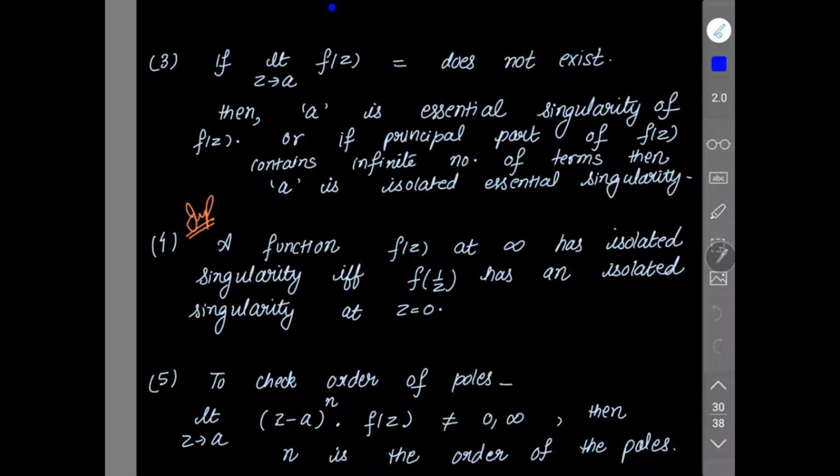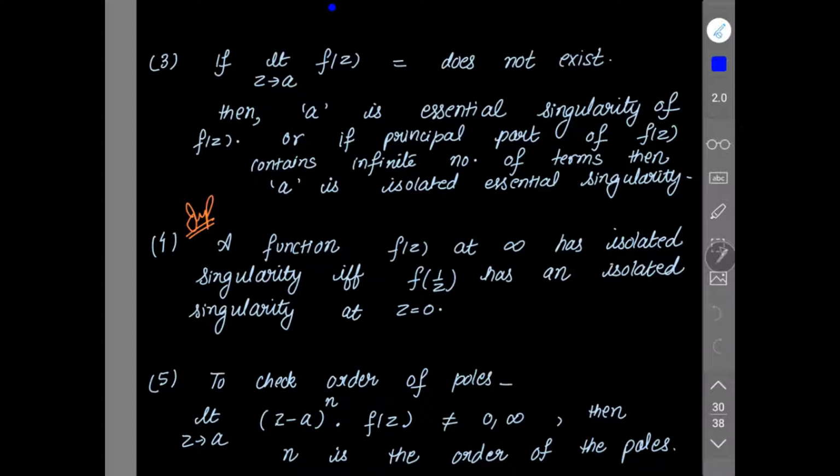That means your 0 is nothing but 1 over infinity, right? We are just changing z to 1/z, so infinity changes to 1/infinity, which is equal to 0. So for f(z), the point z equal to infinity has an isolated singularity, and f(1/z) has an isolated singularity at z equal to 0.